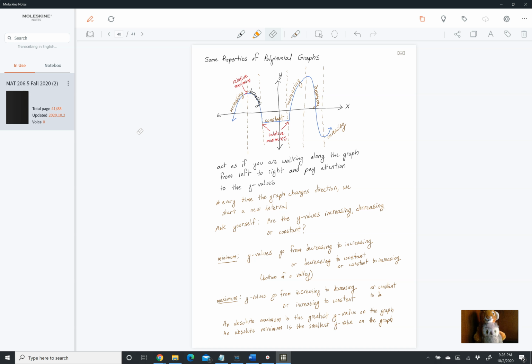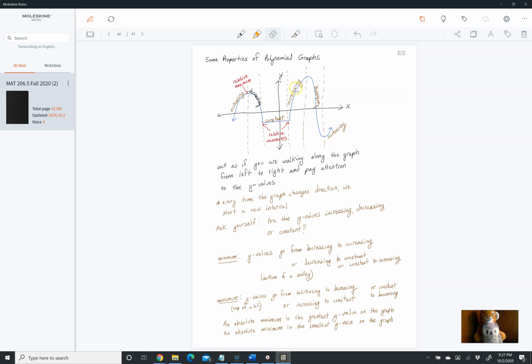And you're going to see, if it's the top of a hill, then it's a maximum. So here, this is the bottom of a valley, right? And then after we make this turn, we're going up, okay?